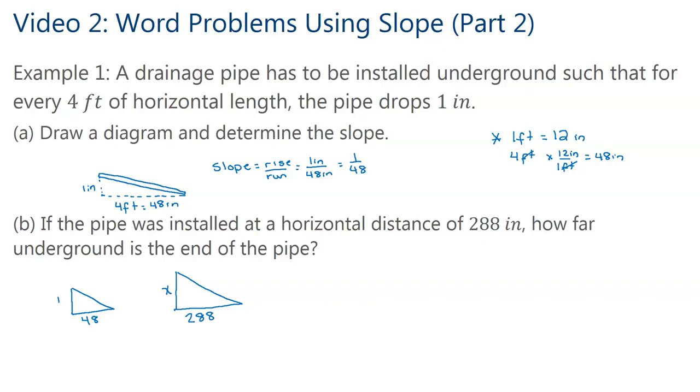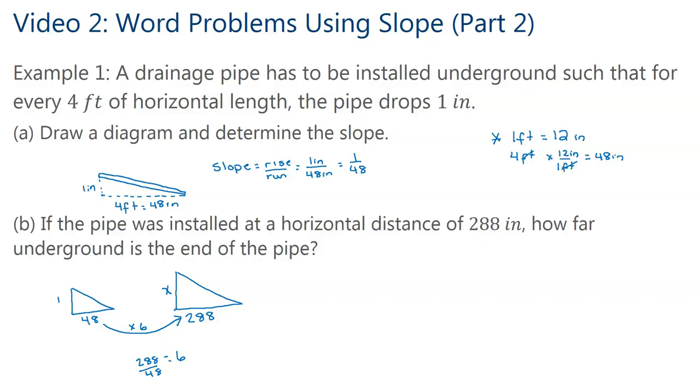Now when we solve using similar triangles, we need to figure out how many times bigger is 288 than 48. So we can use our calculator to figure that out. Just divide 288 by 48 and we get 6. So this triangle is 6 times bigger.